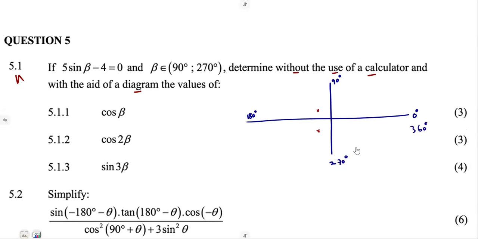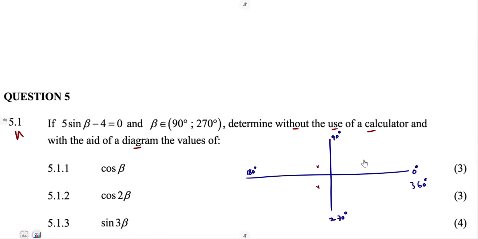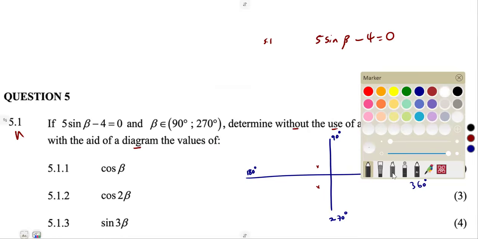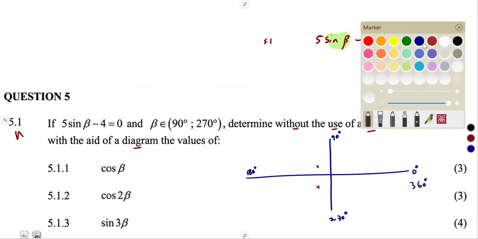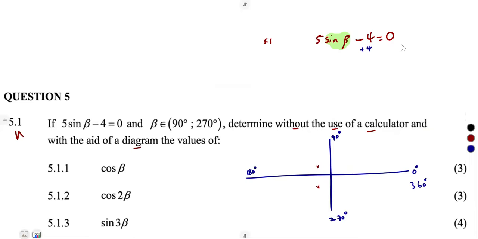So anyways, let us just try to figure out the ratio of the sine that we are going to have in that case where we are given 5 sine of beta minus 4 is equal to 0. Let's solve for that sine of what? For the sine of beta. So we need to get rid of the negative 4, which is affecting the whole part there. So it's going to be a positive on the other side, or simply add a 4 to get rid of that.